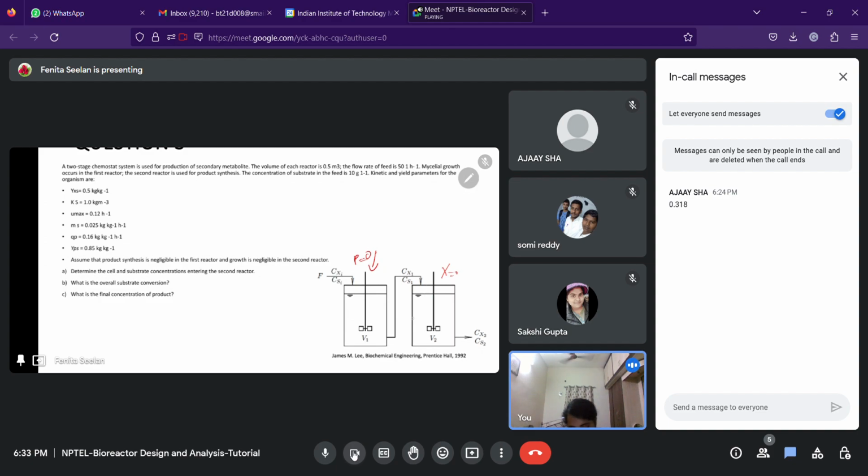If you see the schematic, we have to calculate the cell and substrate concentration, which is X1 and S1, that is entering the second reactor. And the overall substrate conversion, how much substrate is being converted in the two-stage system, and what is the concentration of our final product. So let's start solving the problem.